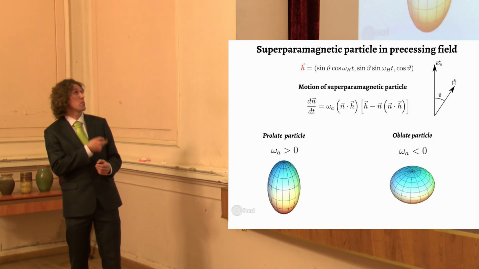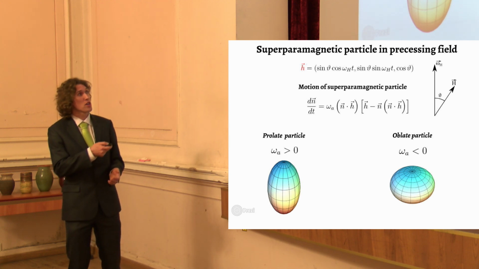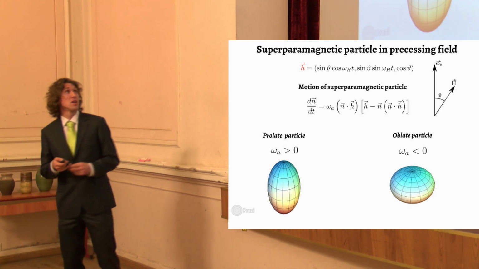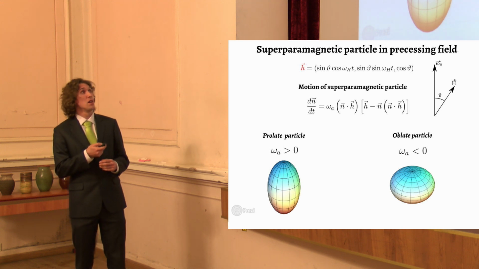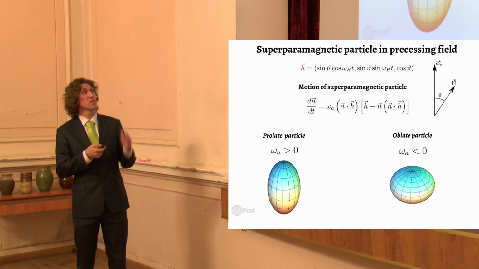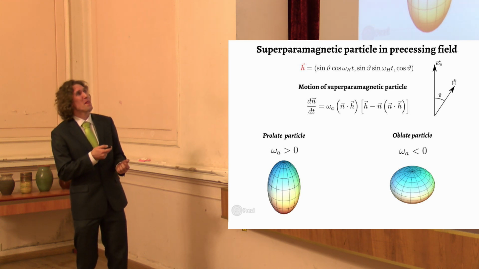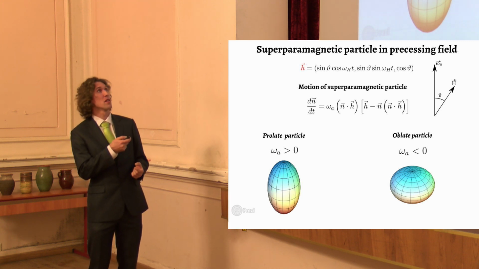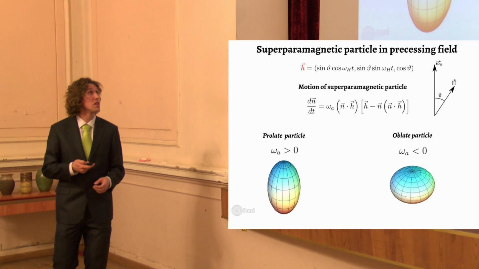So the particle can be prolate or elongated, or it can be flattened or oblate, and then all the directions around are equal. We put this particle in a precessing magnetic field, a field that rotates around a constant direction. It's shown here, and there is some angle which the magnetic field has with the rotational axis.